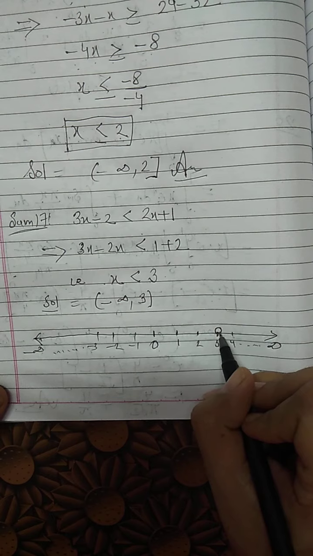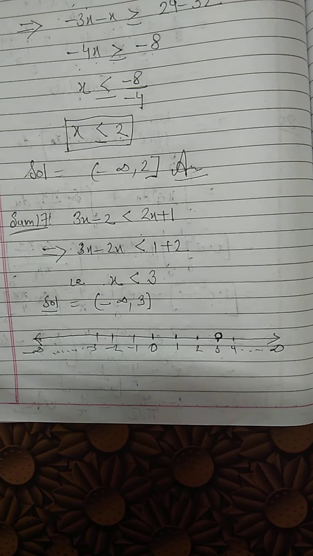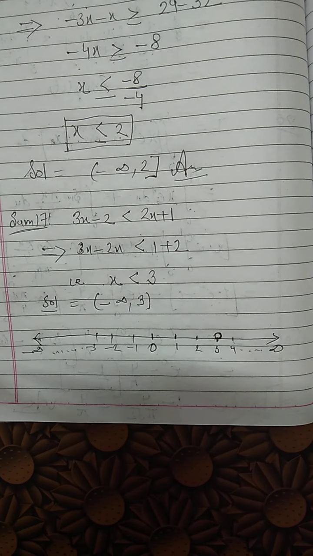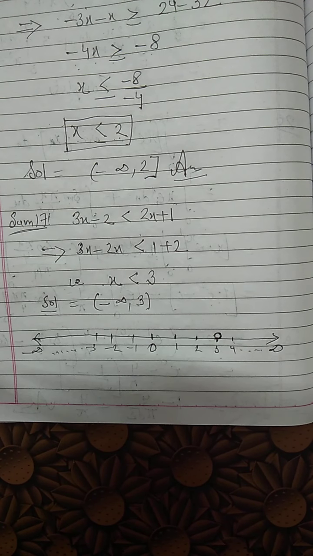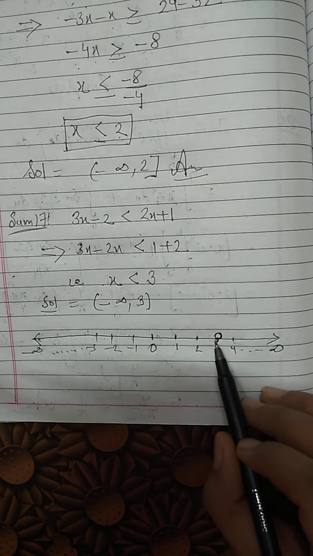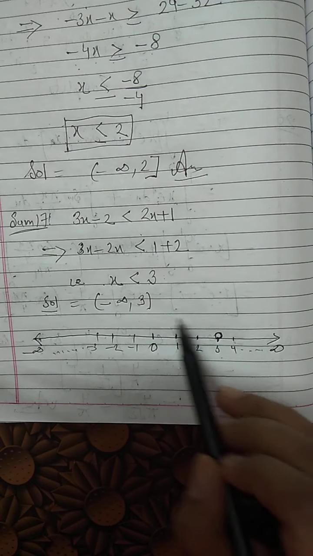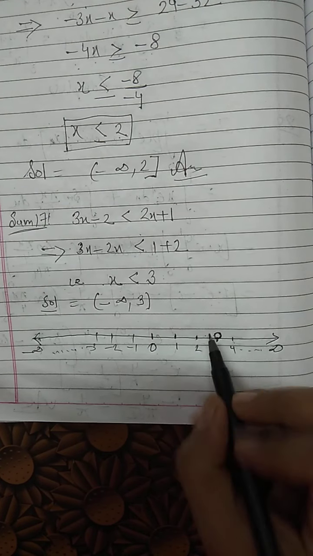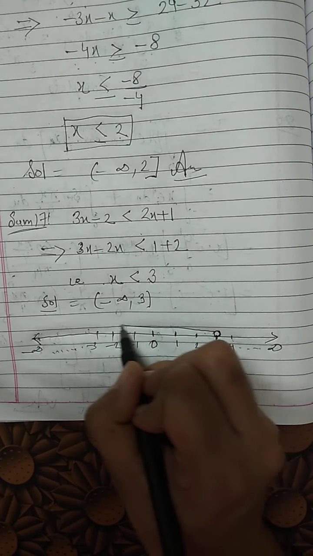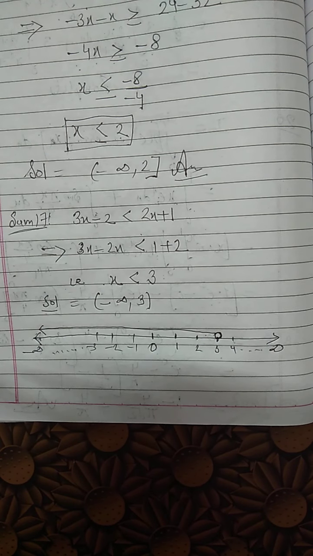I am putting here a hollow circle. Okay, this thing we have learned in our chapter sets, I think exercise 1.3 only, where intervals we have discussed. Okay, so 3 we want, and we want all less than 3. So less than 3 means towards the left hand side of 3. So here we will put the line towards minus infinity and we will put the arrow because we don't know the end.